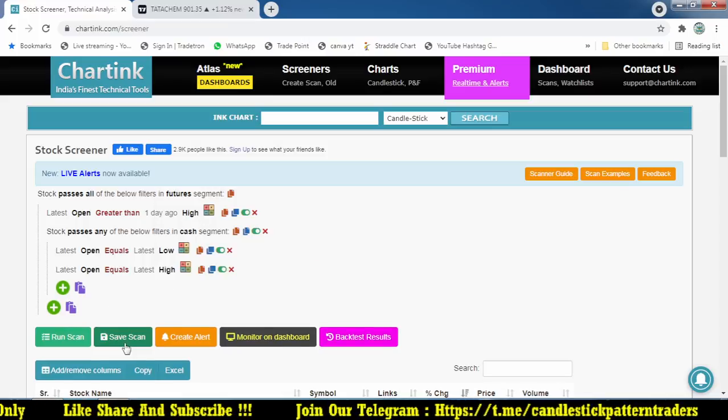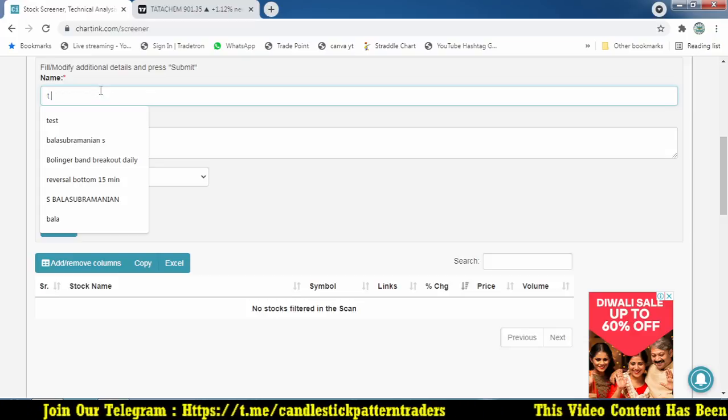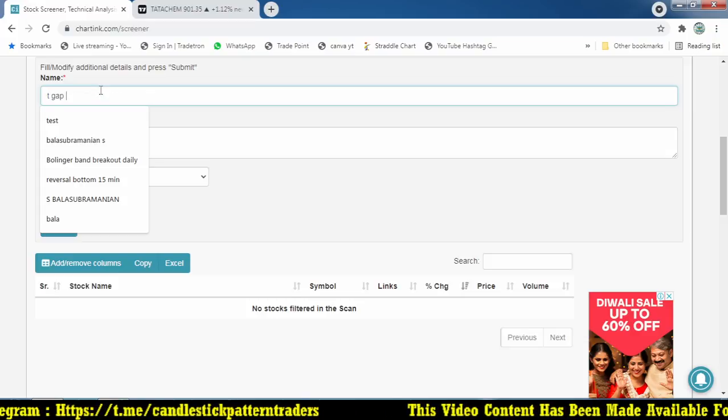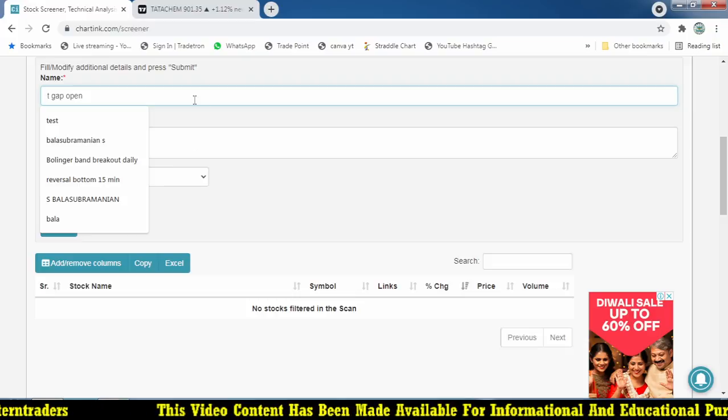If any stocks open gap higher, open high and open low.